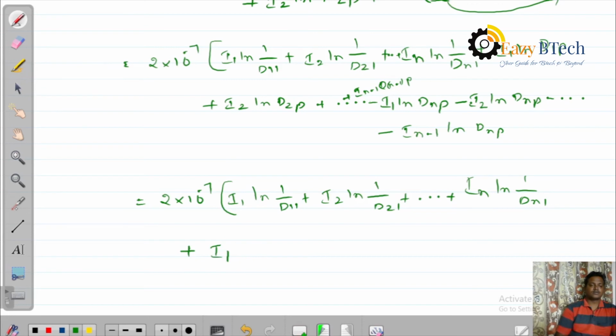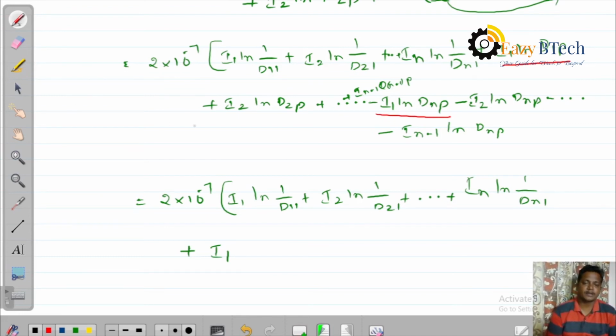Where we are having the I1 terms, we have to combine these I1 terms: I1 ln d1p minus I1 ln dnp. The formula we have to use is ln of x minus ln of y, we can write it as ln of x by y.